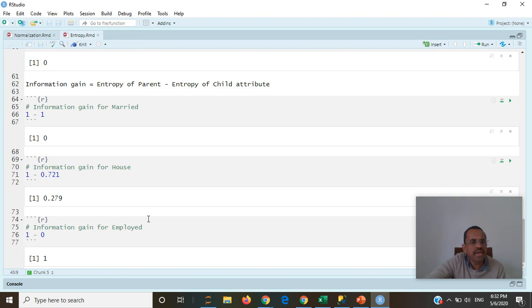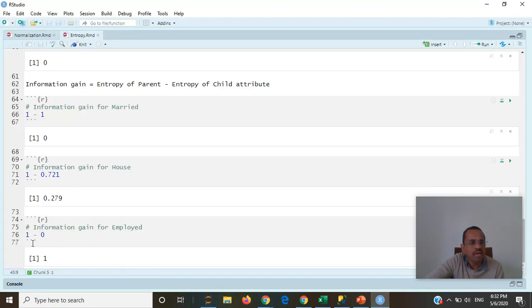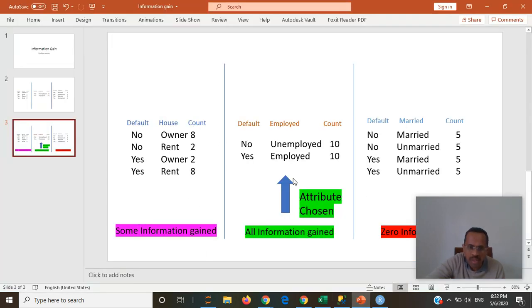And for employment status, the entropy is 0. We can see here that for employment, we get all the information needed. So information gain is 1. We get total information, whatever is needed for this, from the employment attribute.